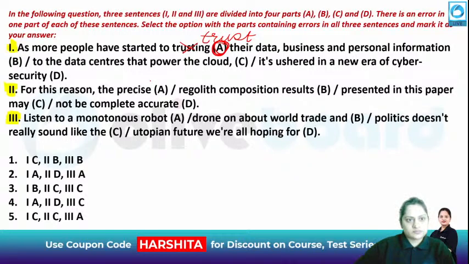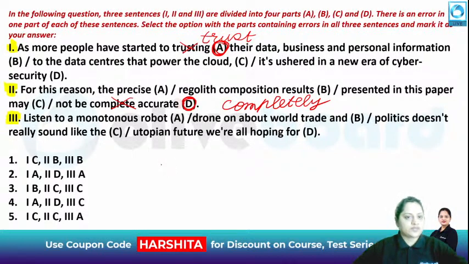The regolith composition results presented in this paper may not be complete accurate. Accurate is an adjective. To describe the adjective, what will you use? Adverb. So, may not be completely accurate. Okay. An adverb is required to describe the adjective accurate.